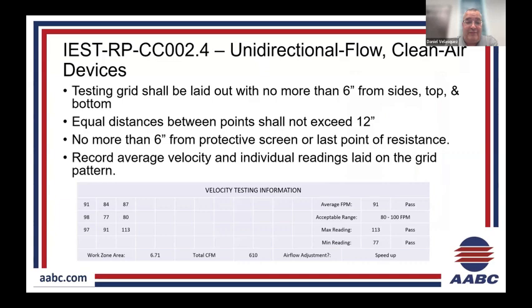So if you're on a 4-foot laminar flow bench, you're probably going to have 4 or 5 readings. You don't want to be more than 12 inches apart, and no more than 6 inches from the protective screen or the last point of resistance. For years and years, it used to be no more than 12, but they tightened it up this last release and said 6 inches. They want to see the average velocity recorded and individual readings laid out on the grid pattern.